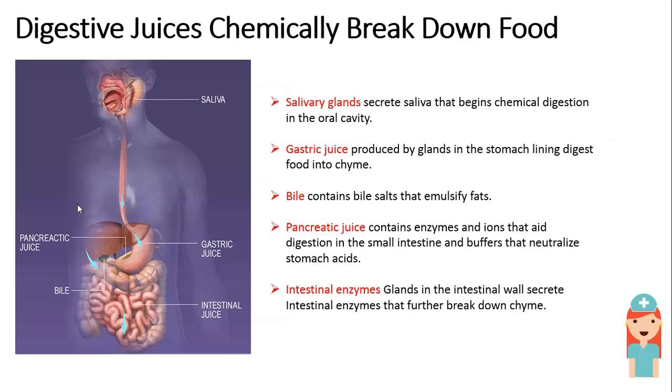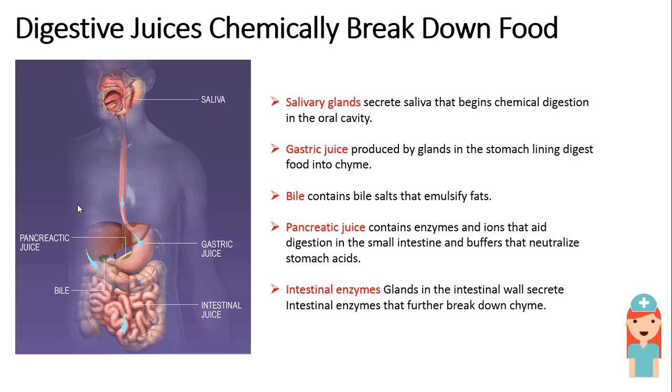Now let's move on to the digestive juices. The first one is saliva: the salivary glands secrete saliva that begins chemical digestion in the oral cavity. Second is gastric juice, produced by glands in the stomach lining, which digests food into chyme. Bile contains bile salts that emulsify fats.